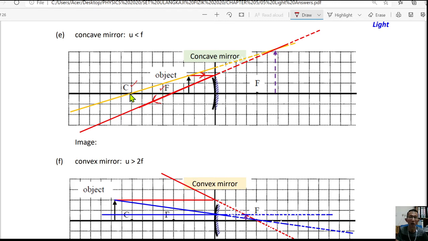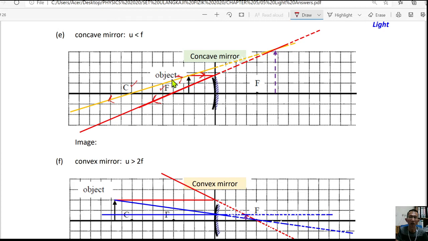Remember that drawing two lines is enough to find where the image will be formed. If you want to draw three lines, go ahead, but actually there is no need. Let's see this orange line. It passes through my C, so it hits my mirror and will be reflected on the same line.